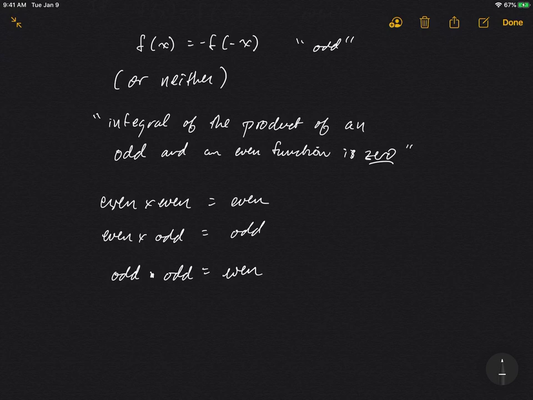They die off nicely. They go to 0 at x equals infinity. So this will be a useful rule, and you can use this rule to show that, say, the product of the v equals 0 wave function and the v equals 1 wave function, that's going to give us an odd function, and the integral of that odd function over all space is going to be 0. So therefore we know that v equals 0 and v equals 1 are orthogonal.